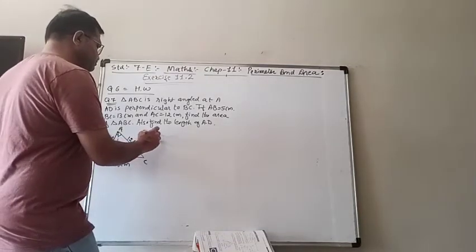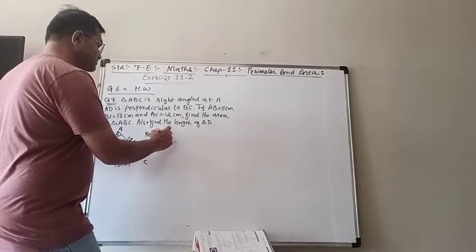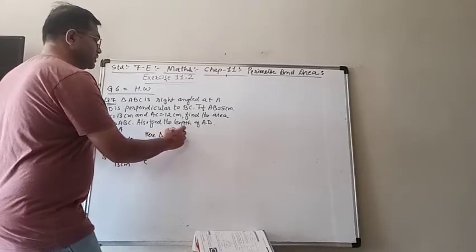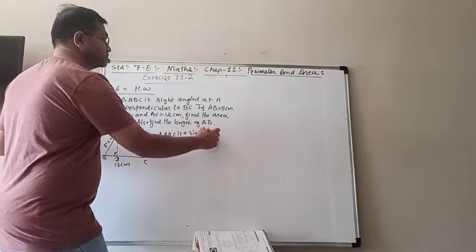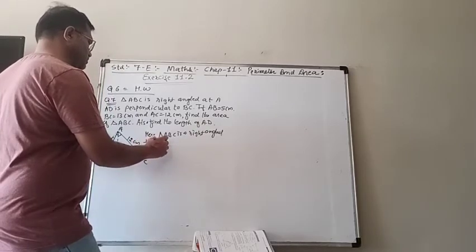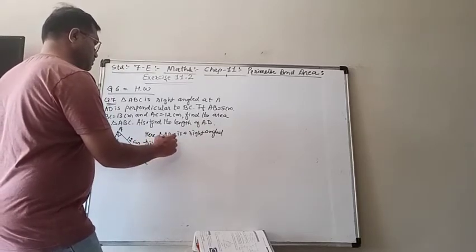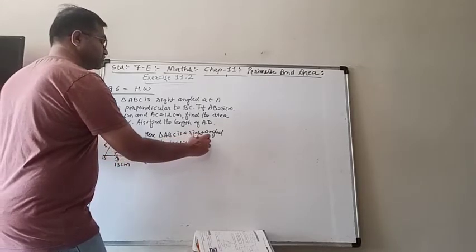So here triangle ABC is a right angled triangle, in which angle A is equal to 90 degree.